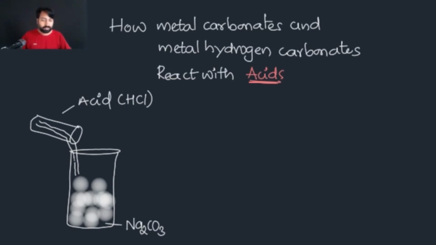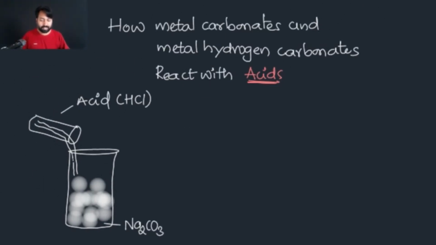Now from this you can observe that some sort of gas is produced. That gas is coming out from this container. If you take this gas and pass it into another container, let me take another container here.